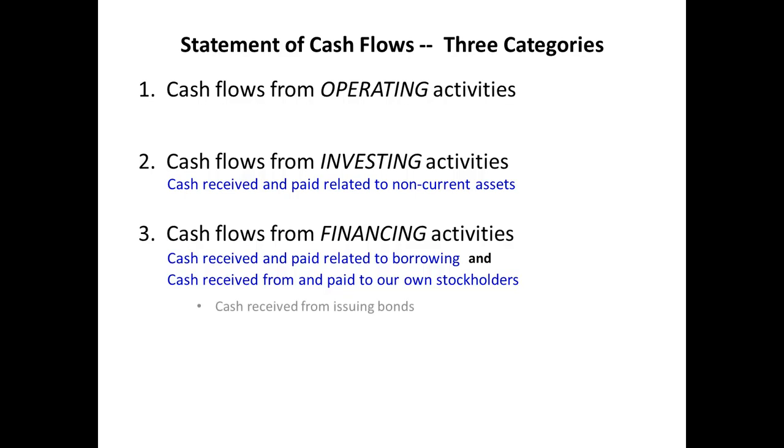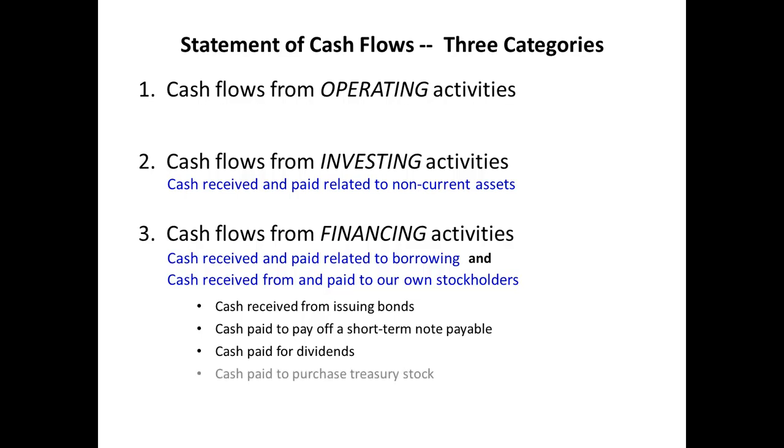Examples include cash received from issuing bonds, cash paid to pay off a short-term note payable, cash paid for dividends. This cash goes to our own stockholders, right? Cash paid to purchase treasury stock. Again, the cash is going to our own stockholders. And cash received from issuing shares of common stock.